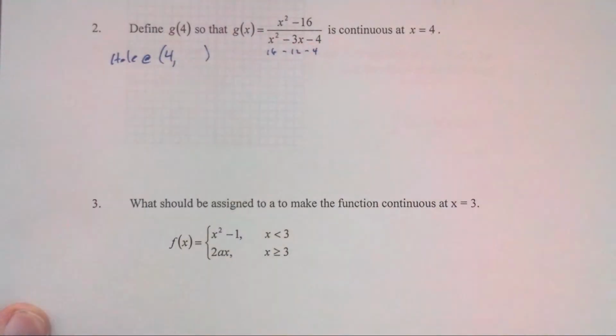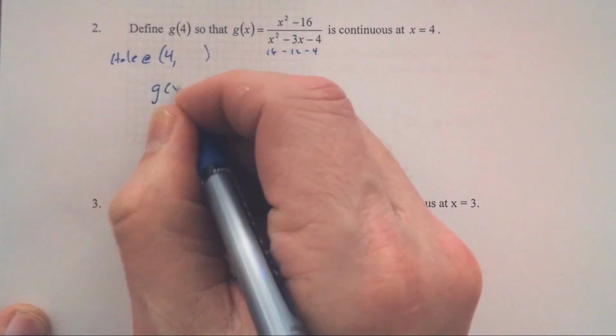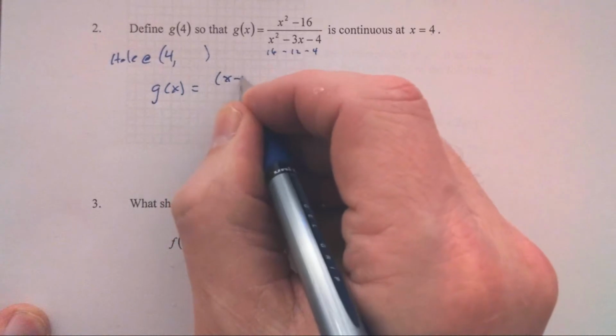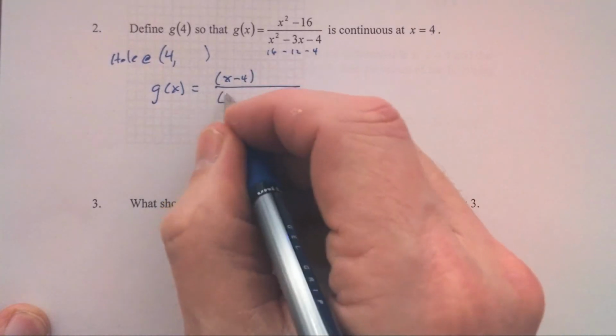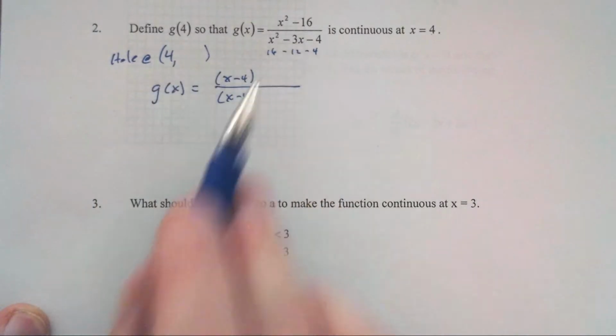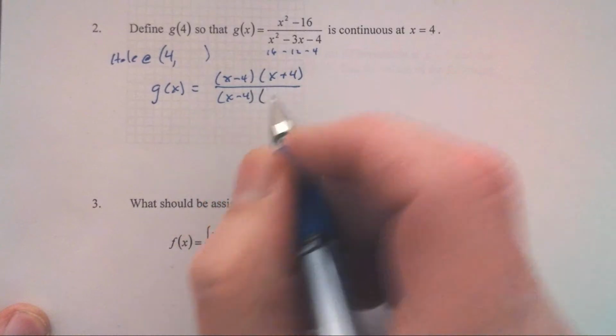Well, really turns back into the same problem as before, where I could rewrite g of x as factors. One of those factors must be x minus 4 in the numerator and x minus 4 in the denominator, if 4 was a 0 for both. So it's x minus 4, x plus 4, some more reverse foiling.